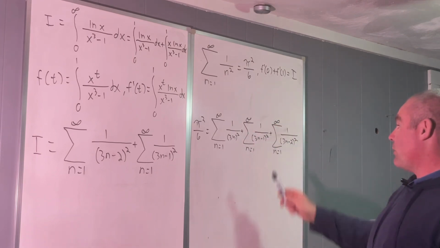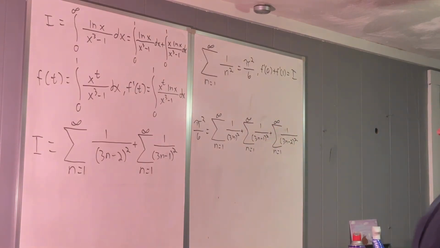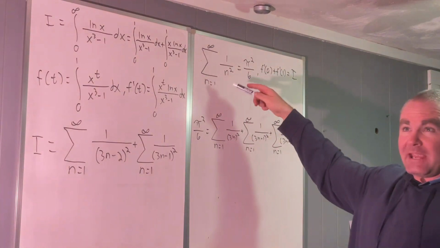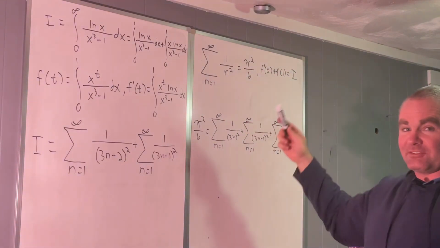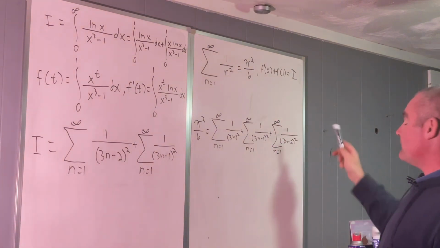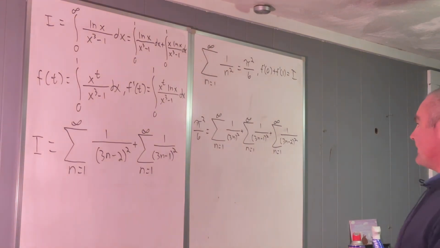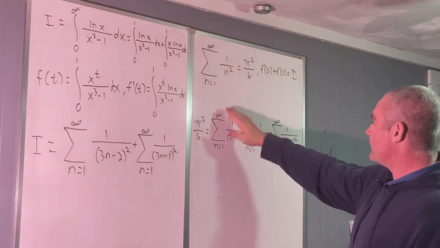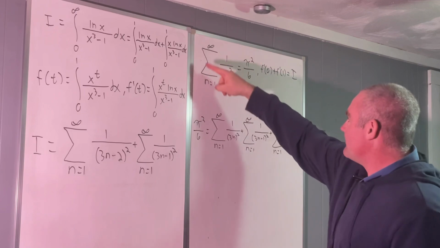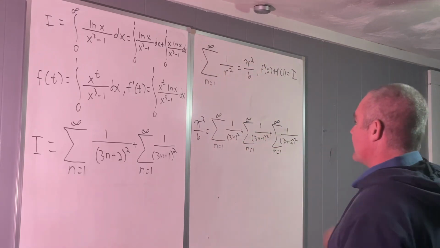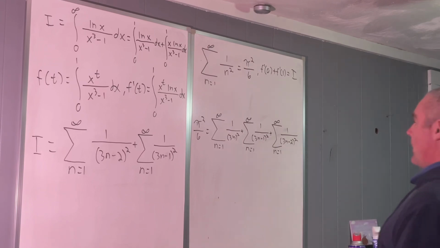If you took n equals 1 on there, you would recover the second, fifth, 8th, 11th, and so on. And this one would give you the first, fourth, 7th, 10th, 13th, etc. So every single term in here is contained in here. So they're equivalent. All right.